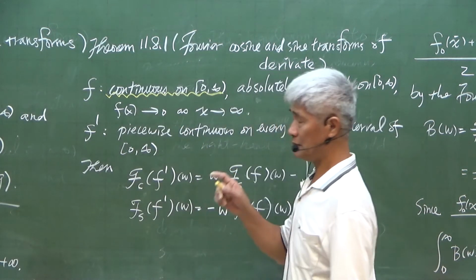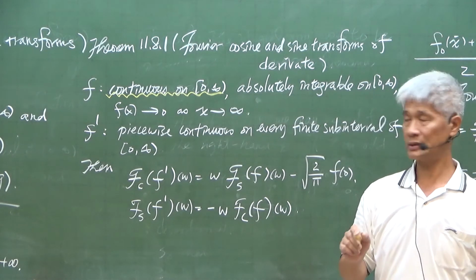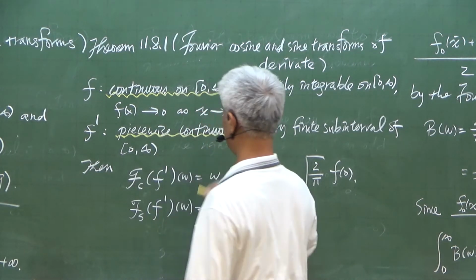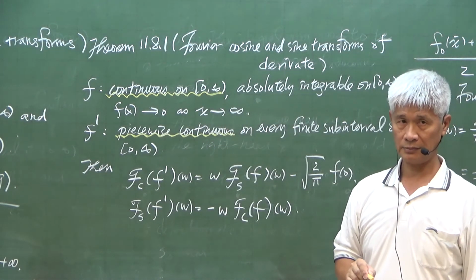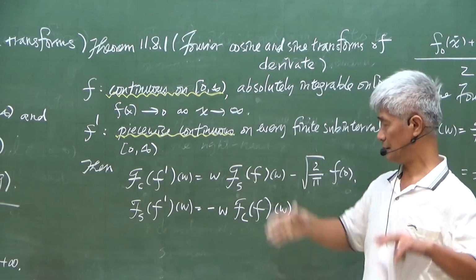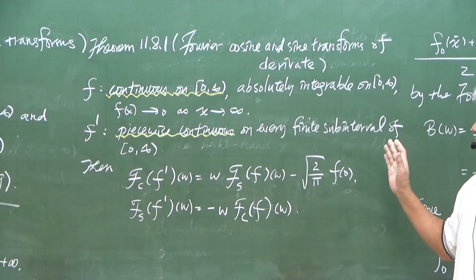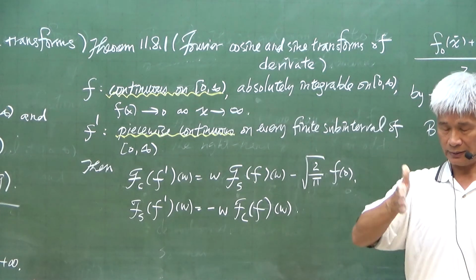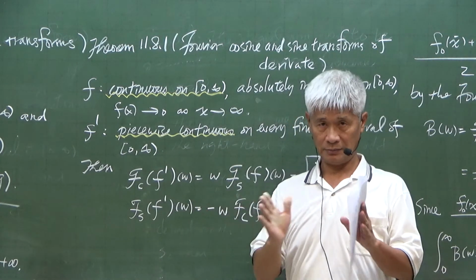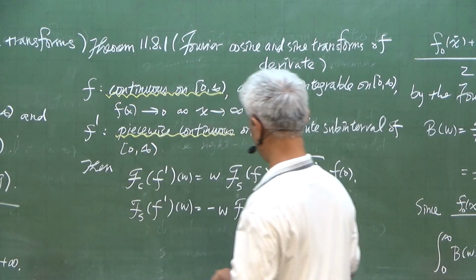To apply integration by parts, you need the derivative to be piecewise continuous, so that you can decompose every finite subinterval into smaller intervals such that f prime is continuous there. Then you can use integration by parts.